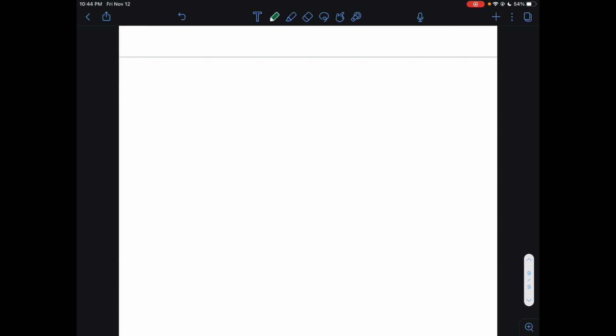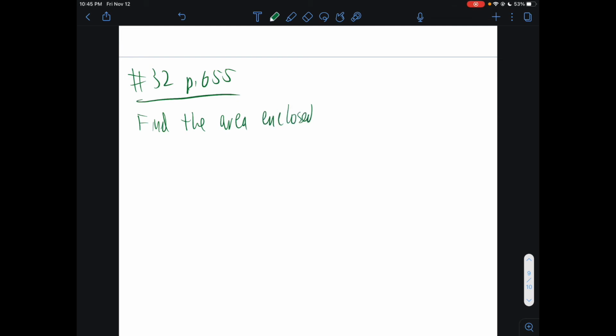Let's do a little bit of a higher level example. Let's find an area. This is going to be number 32, also on page 655. Find the area enclosed by the curve x equal t squared minus 2t, y equal the square root of t.